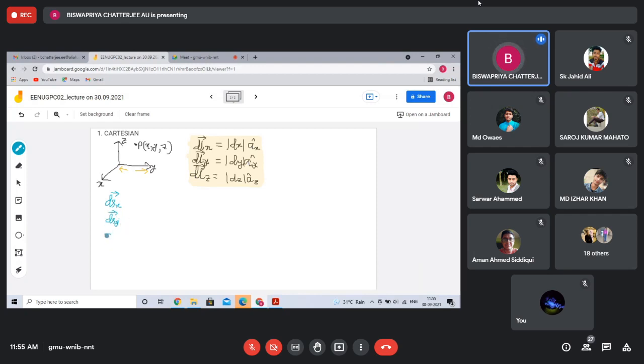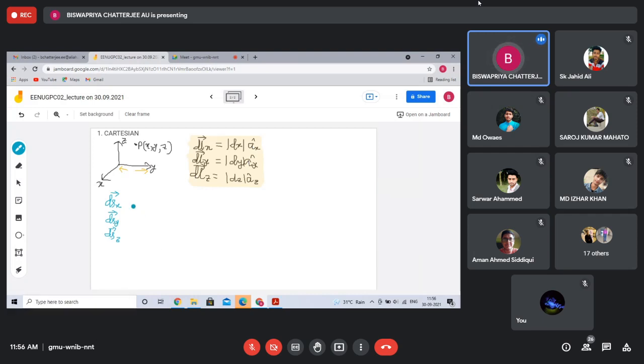And similarly, we will have dsz: differential surface element where z is constant. I was giving you an example of dsz: it is either floor or roof, where z is always constant.